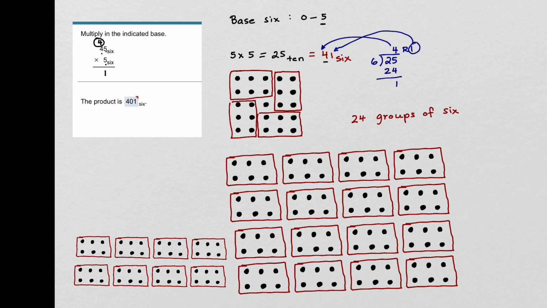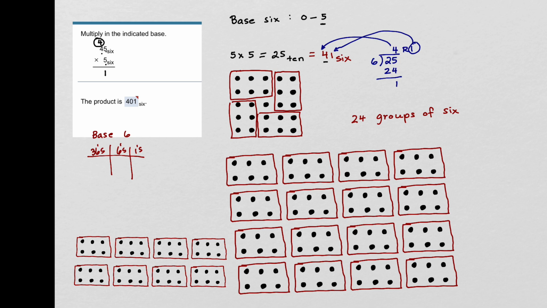So I have to say, well, how many groups of 36 are there? Because the next place value up would be the 36's place, because we're working in base 6. So we would have the 1's place, the 6's place, and the next one is the 36's place.